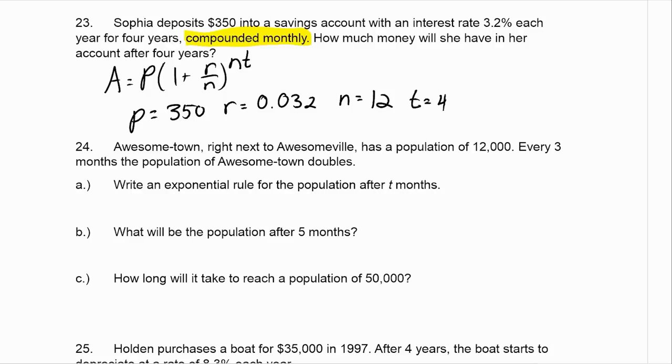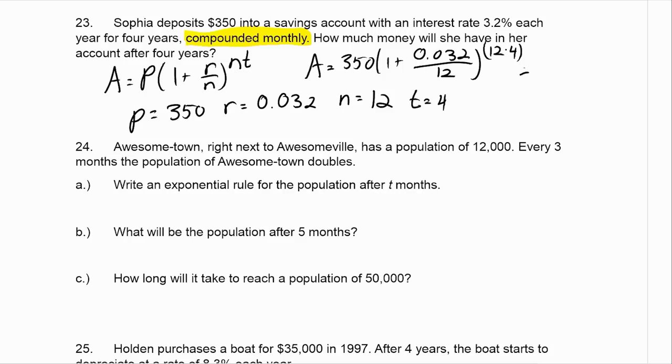Plug all those values into your equation, so the amount is equal to 350 times 1 plus 0.032 over 12, to the 12 times 4. The important thing to remember when typing all of this into your calculator is to make sure that 12 times 4 is in parentheses when you use the caret symbol.